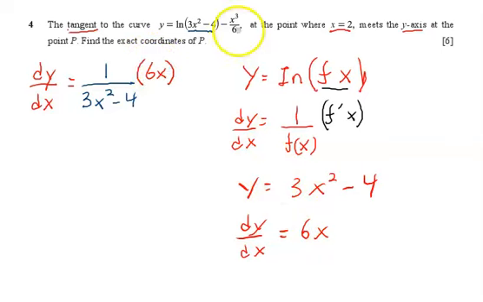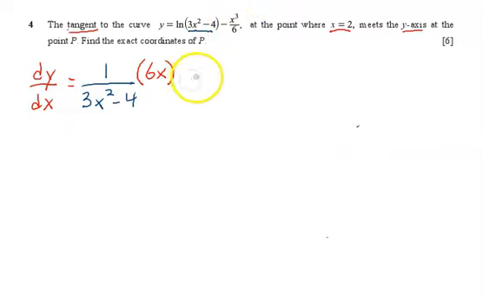Next, we are going to differentiate the minus x cubed over 6. So we get minus 3x squared divided by 6.